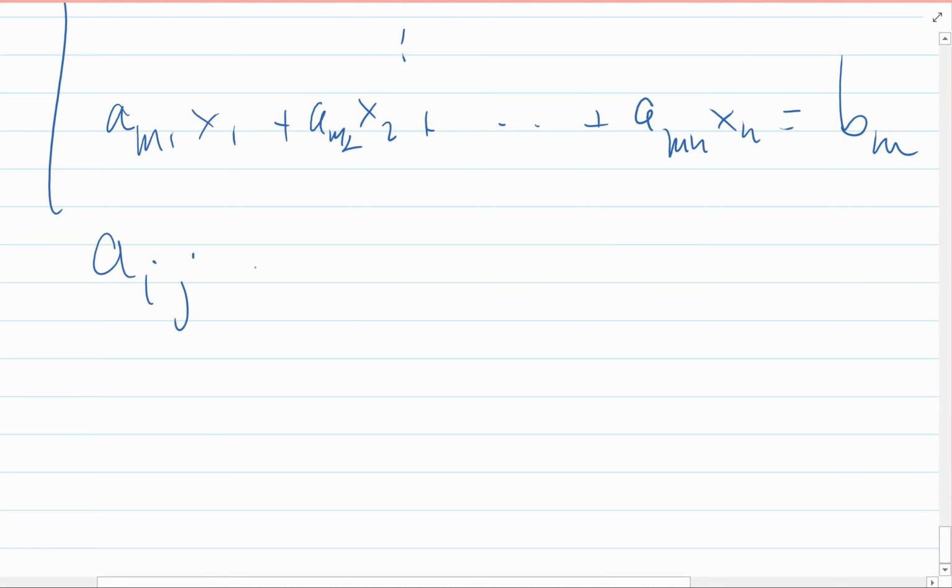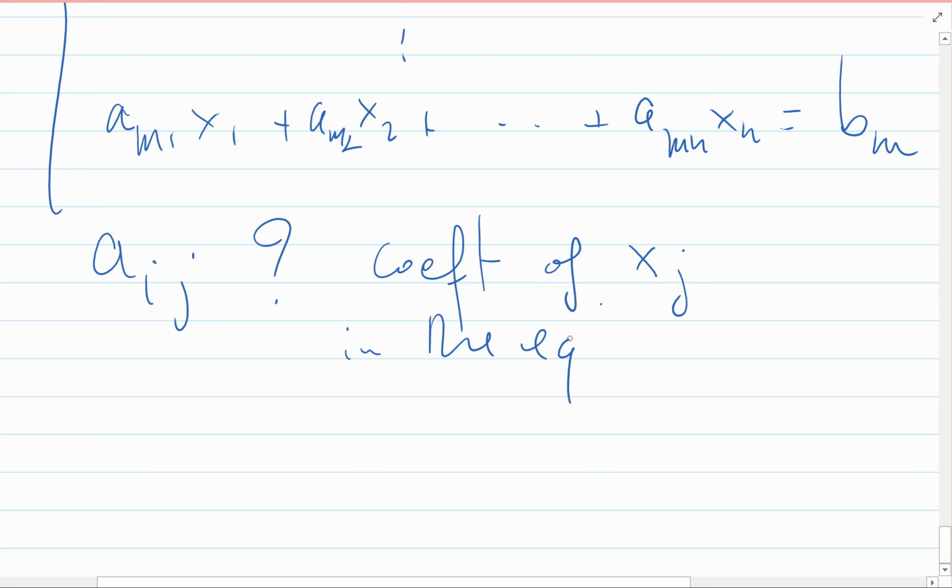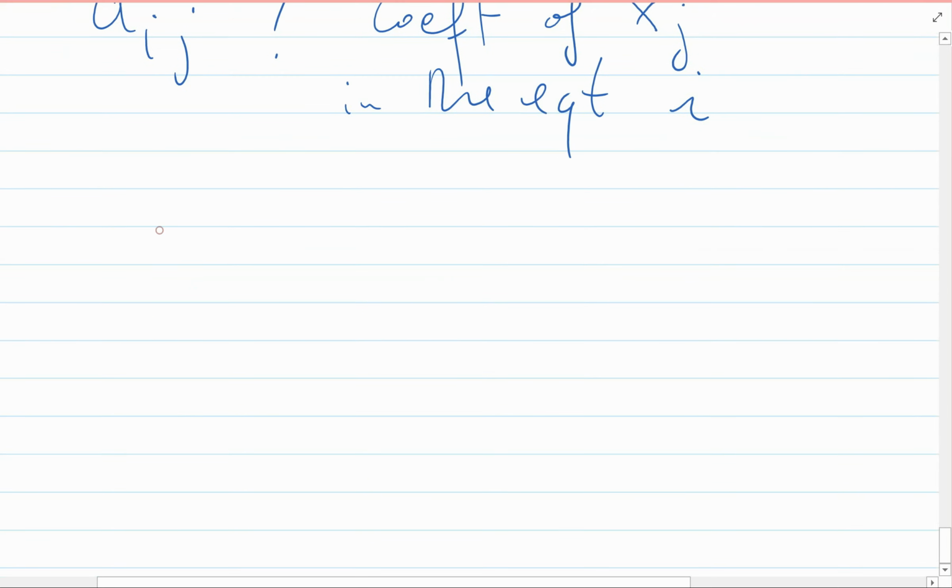This is the coefficient of xj, where j gives me the unknown and the first number i gives me the equation. So it is the coefficient of xj in equation i. It's very interesting.